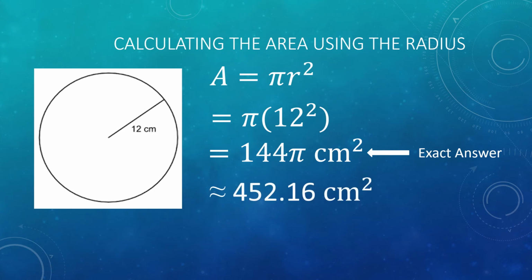But I can find the approximation by multiplying 3.14 times 144, and you get 452.16 square centimeters, and this is an approximation. Notice that now your area is in square centimeters.